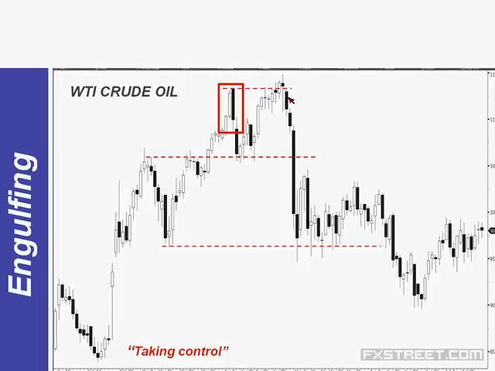Keep in mind that these patterns don't just give you reversal signals most of the time. They also give you key levels in the market, key psychological points. This key psychological point then showed you a Doji or spinning top pattern, which again failed to break above this level, and then you had a massive sell-off.